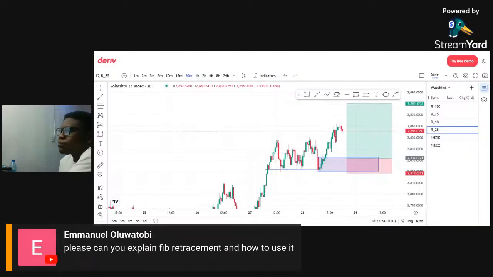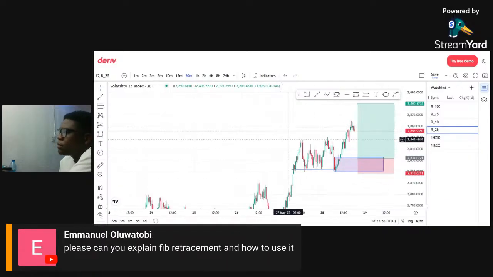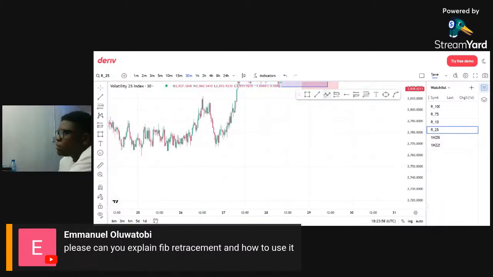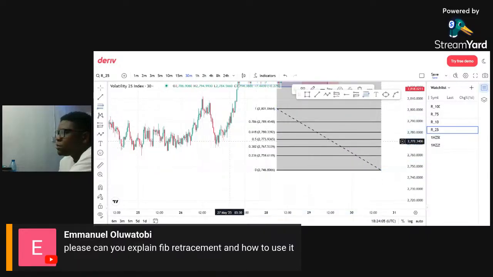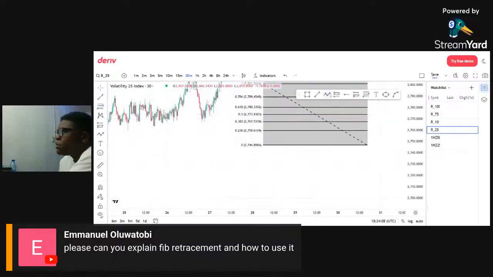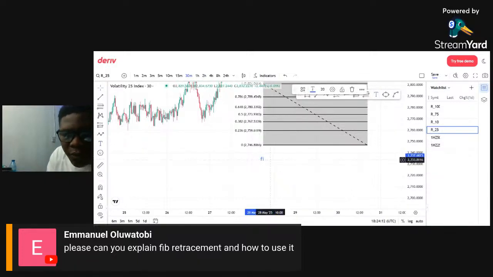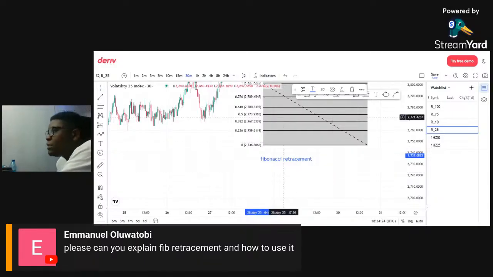So this tool is called the Fib retracement tool. The full name is Fibonacci retracement. That's the full meaning.